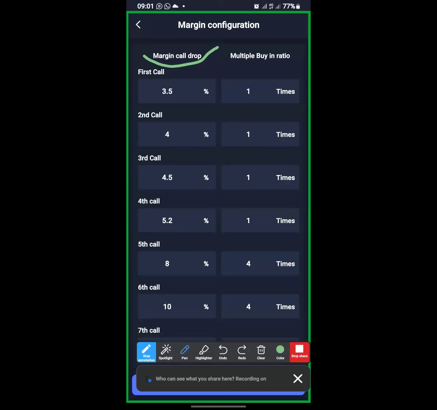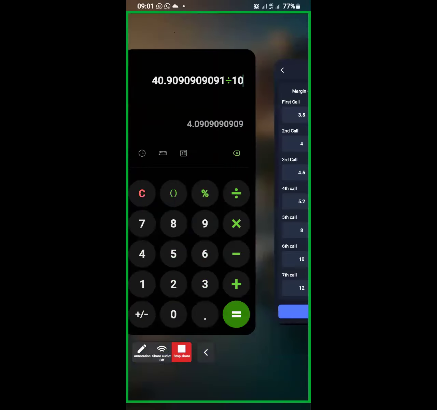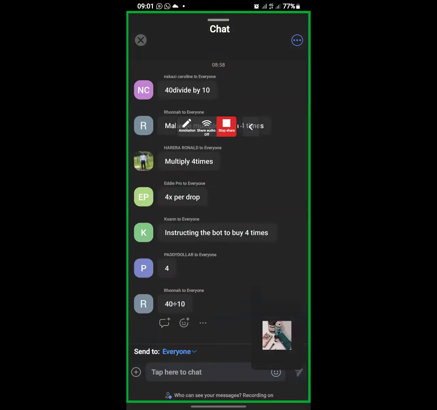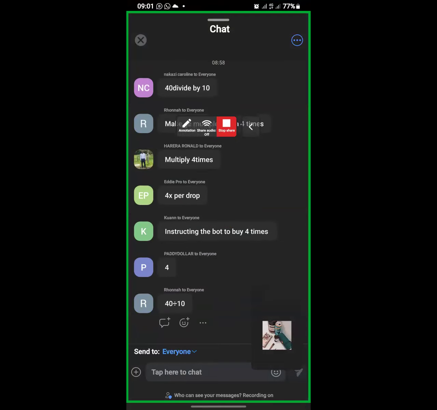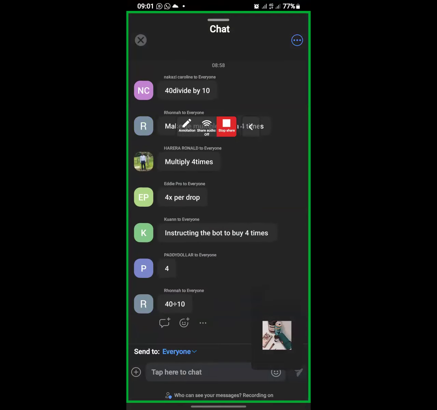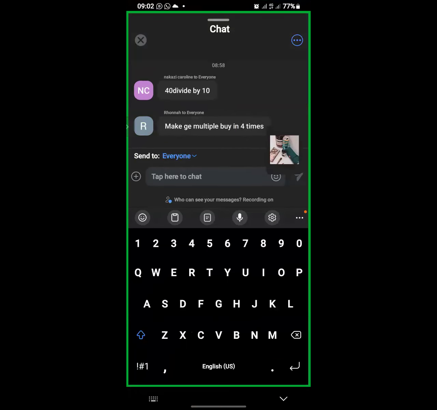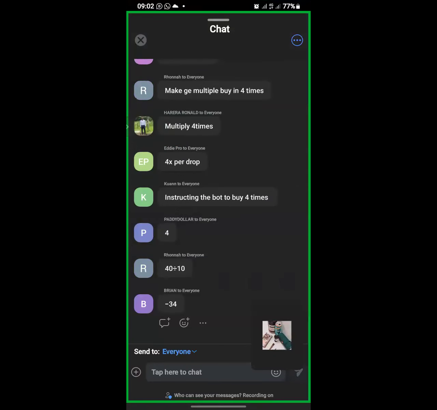If you have floating coins, you give me the percentage that you're floating on. I try to give you a very clear picture. Someone says negative 34. I want to give you a clear picture of this.